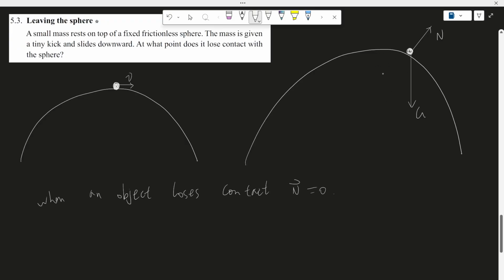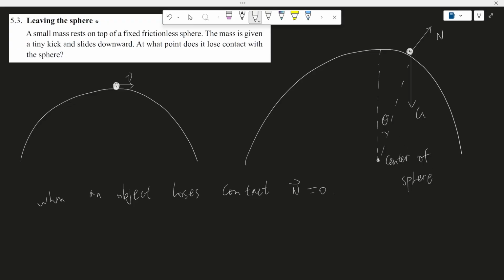So we need some sort of angle to decompose gravity since it's pointing straight down. So let's call this theta. So this is how much the mass had slid down. So let's say if this is the center of the sphere, and we call that angle theta.